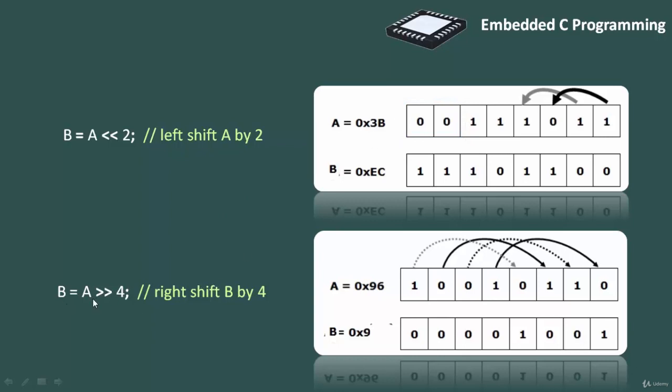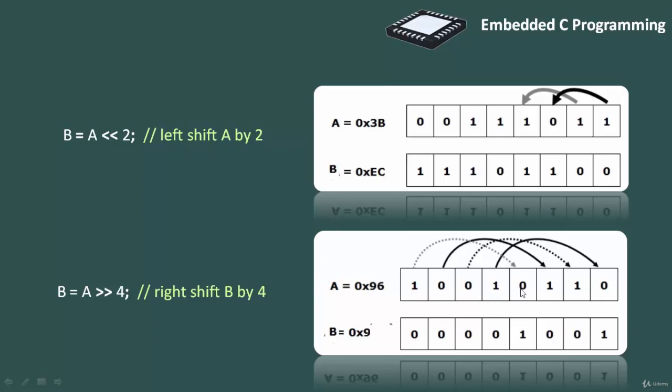Similarly, you can perform a right shift operation. Let's consider the content of the register is 0x96 and we are right shifting it by 4 bit positions. Then this 1 gets placed 1, 2, 3, 4, and this 0 will get moved 1, 2, 3, 4 to this position.